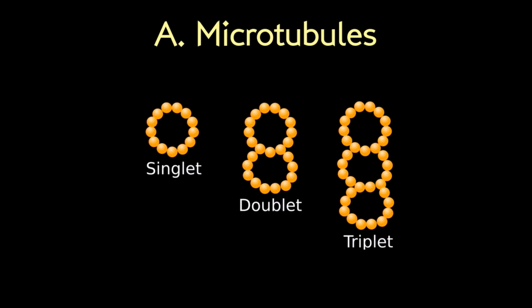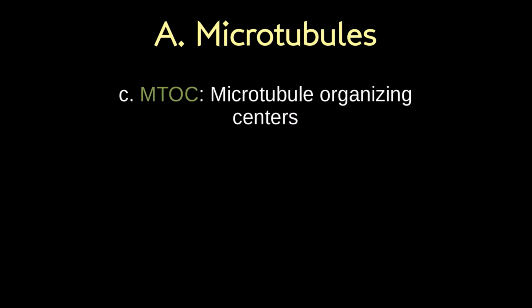Oftentimes, as we are constructing microtubules, we want them to have some sort of organization. We don't want them to just assemble randomly out in the middle of nowhere without direction. So, especially in times where we want a high amount of organization, we have these structures associated with that, which are MTOCs, or microtubule organizing centers.